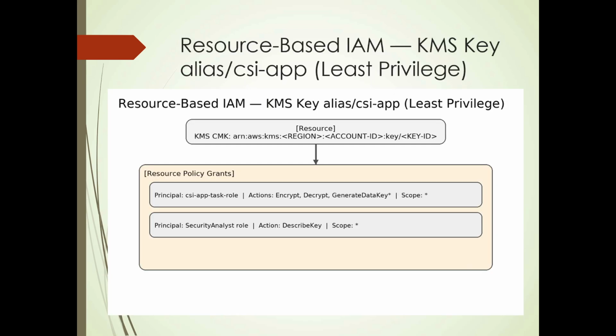Then the KMS key alias, for the CSI app. This is going to be used by the security analyst role. They're going to be able to encrypt and also decrypt and generate data keys, and they're also going to be describing the key.